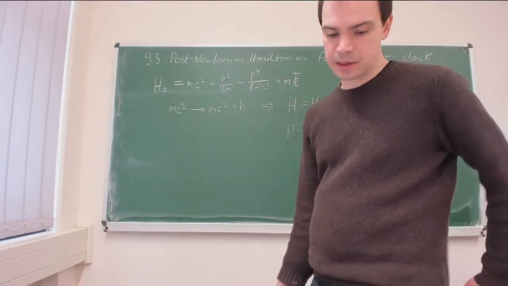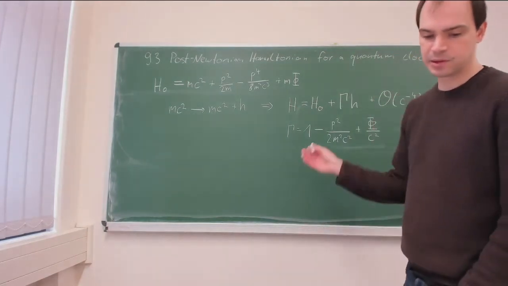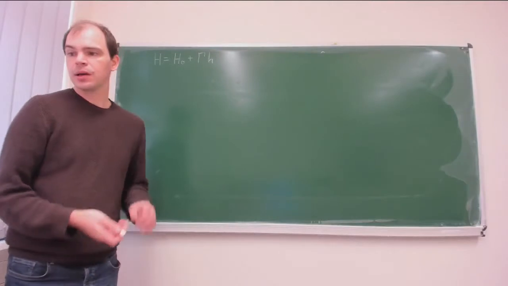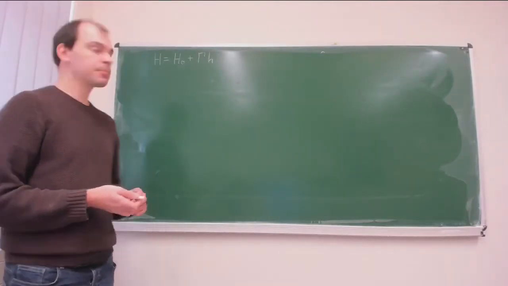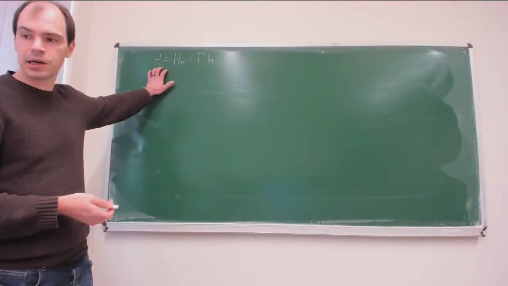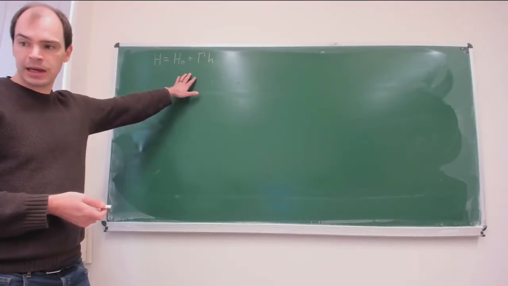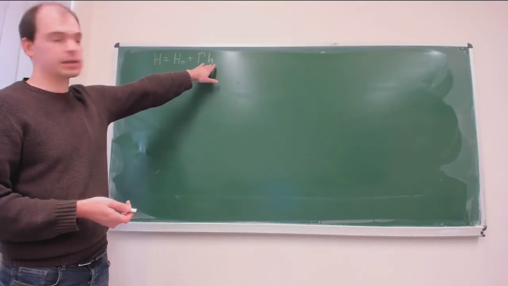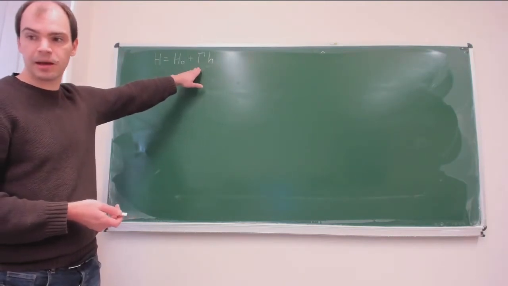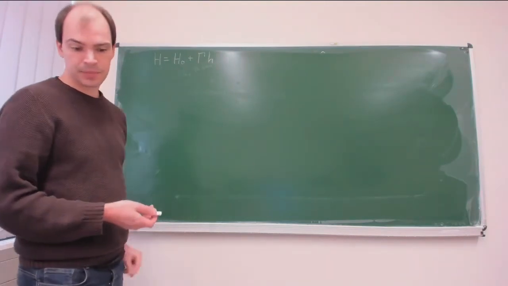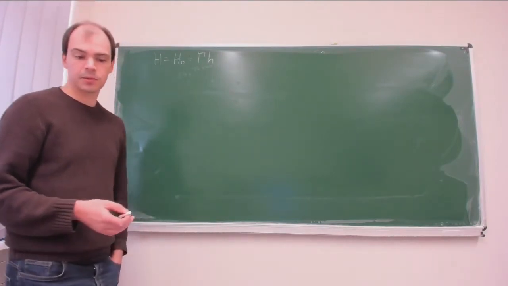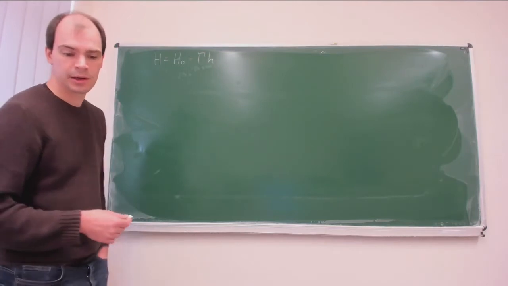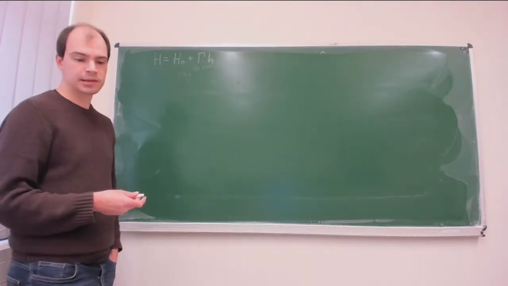And now we can look at an example to understand what the effect is of such a coupling. To look at a concrete example, I just write as a reminder here, I copied that we have h equals h0 plus the term where our internal Hamiltonian interacts with a center of mass term gamma. And now as a concrete model, we think of our clock or our internal degree of freedom being a two-level system.